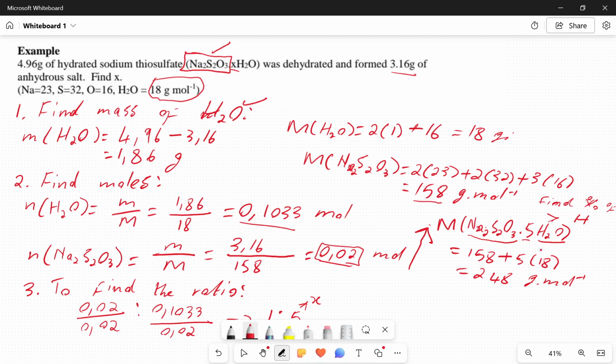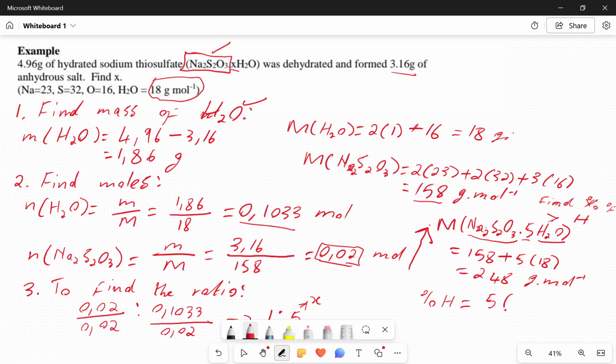So the second step, after finding the total molar mass of this substance, I'm going to say the percentage of hydrogen in this substance is equal to how many hydrogen atoms do I have? I have 2 times 5, so I have 10 in total. So firstly multiply by this 5.